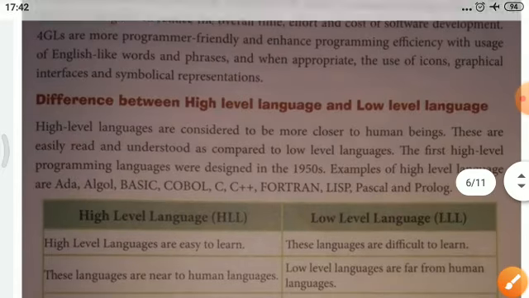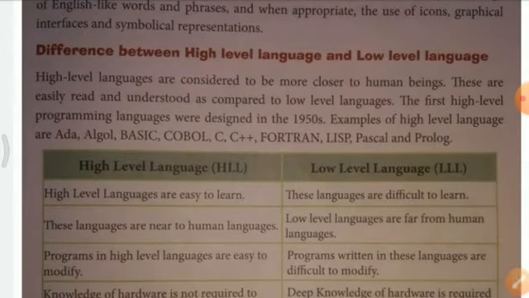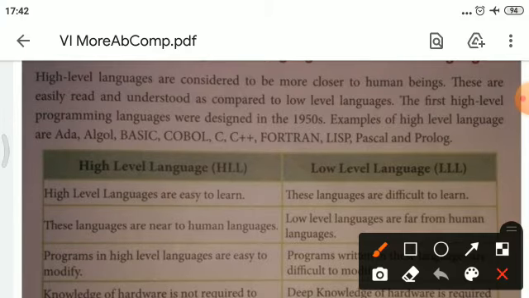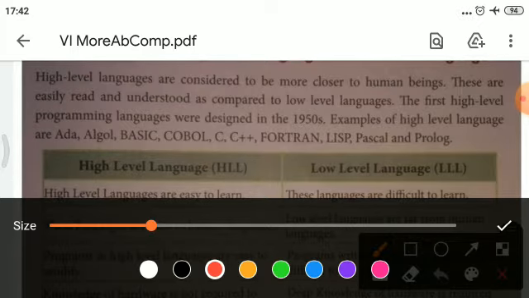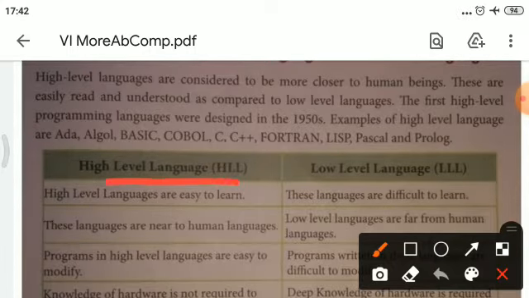Okay students, and now we will talk about the difference between high level language and low level language. Here we will talk about high level language, HLL, and low level language, triple L. So students, you should keep in mind what the full form of HLL is: high level language.